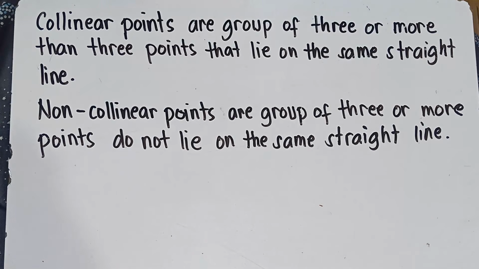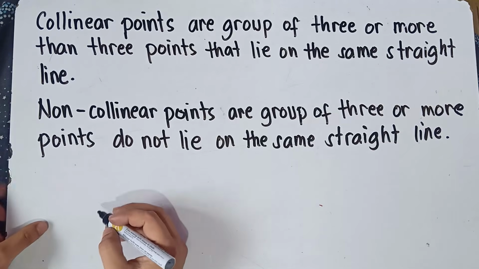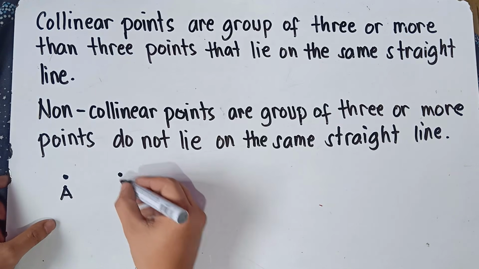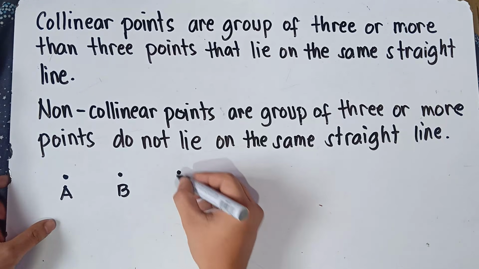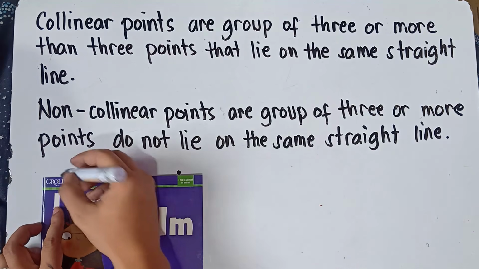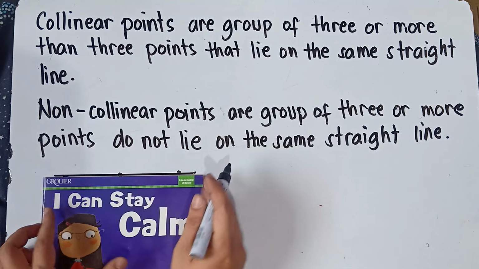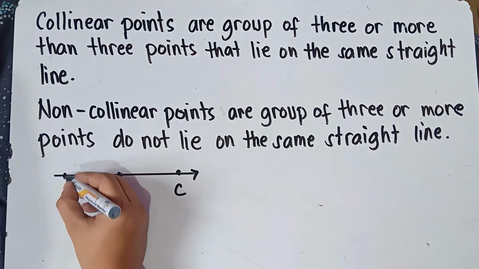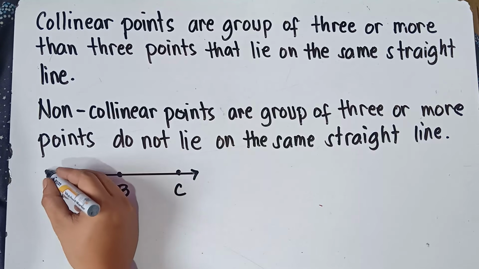Now, collinear points are a group of 3 or more than 3 points that lie on the same straight line. Let's have an example class for collinear points. Example, this one. So, we have point A, and then we have point B, and then point C lie on the same straight line.